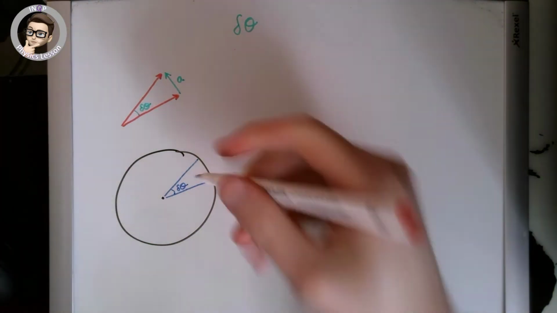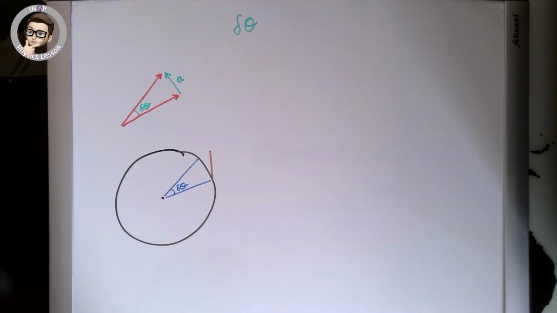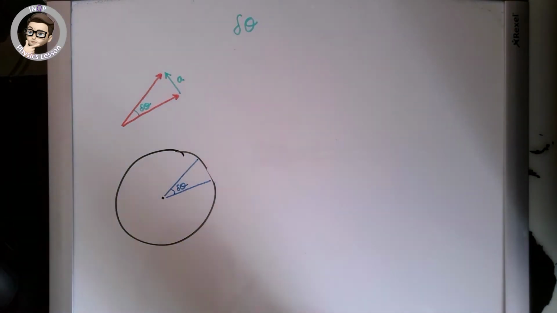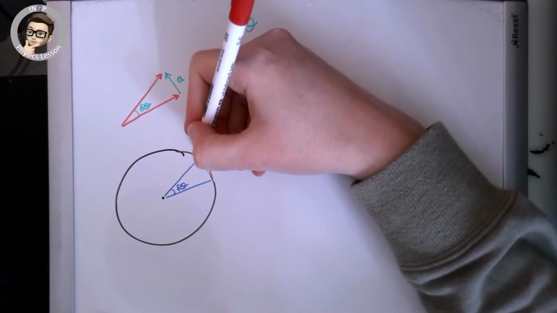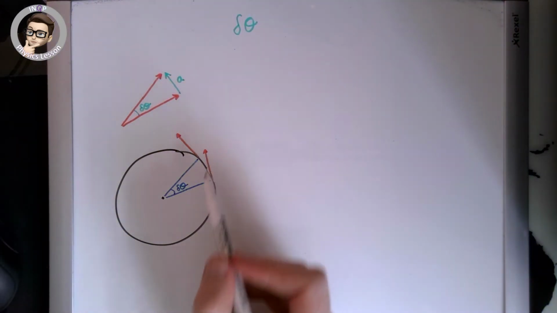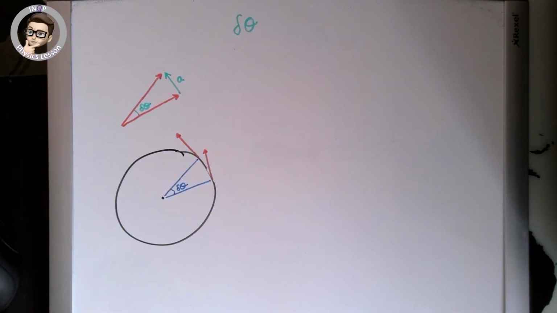And then we have got our two velocity vectors at those points. So one going off in that direction and one going off a little bit in that direction. Okay, so this is sort of that bit, but I've moved those arrows around. Let's make it that way so it's a little bit easier to see.